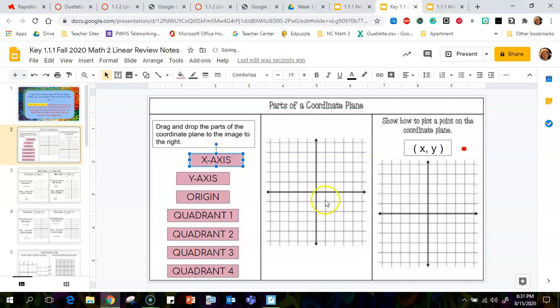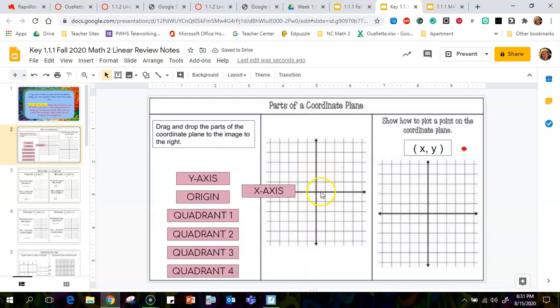You can drag it over to the coordinate plane. If you come in here like this, you see how my cursor is just there, and if you do that, it's going to highlight the letters. So click off of it, and then make sure you've got the 4 arrows, and then we're just going to drag this over here and mark that x-axis.